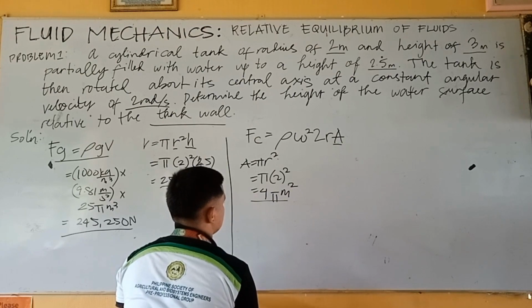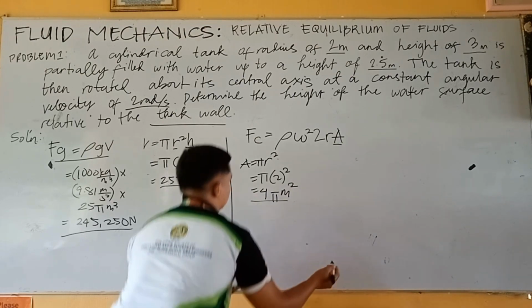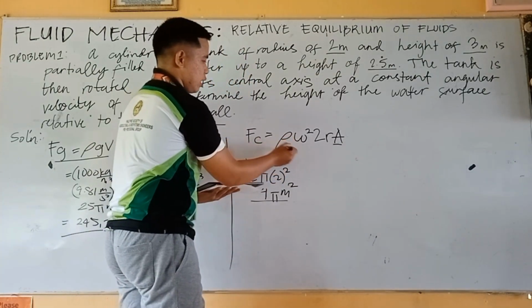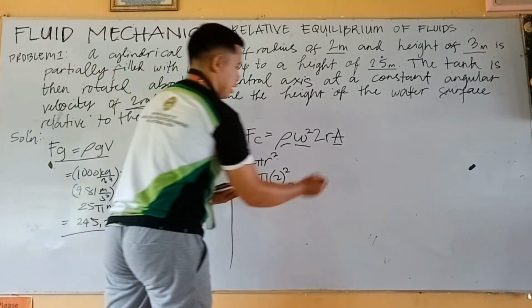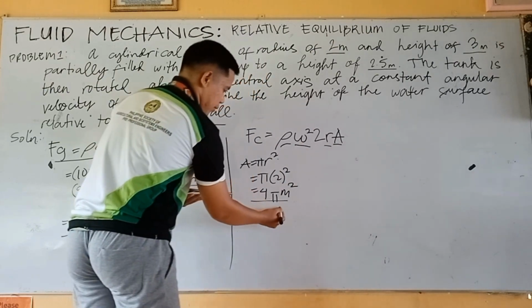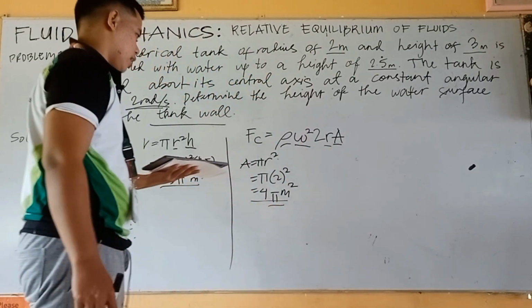So we need to substitute this. We know the density, the angular velocity of 2 rad per second, and the radius is 2, and we already have the area.